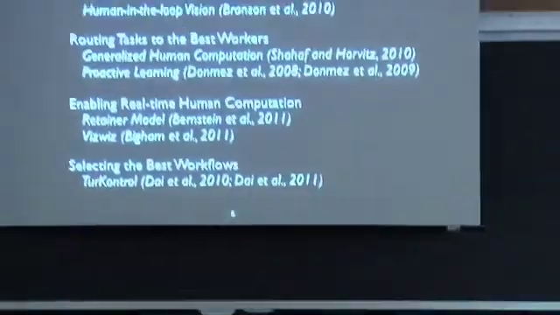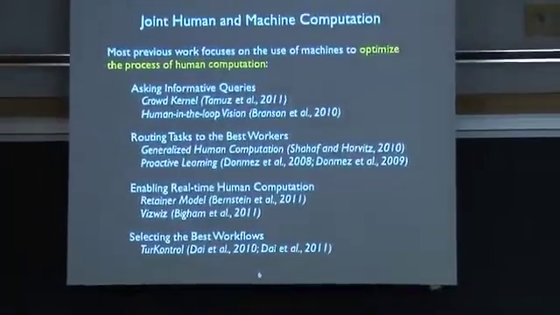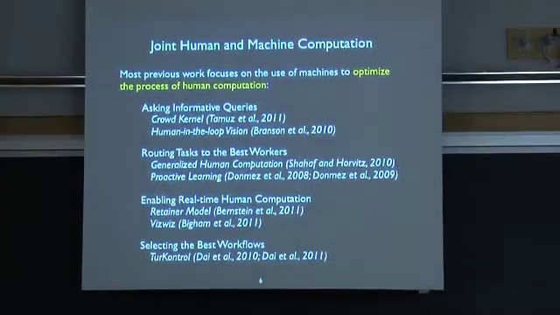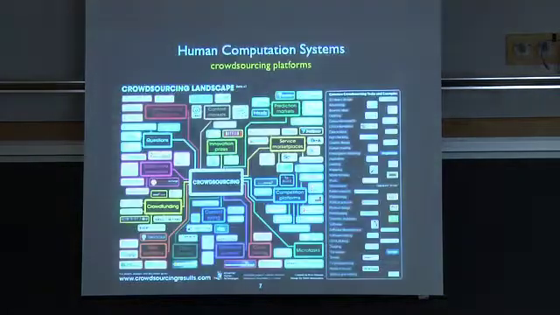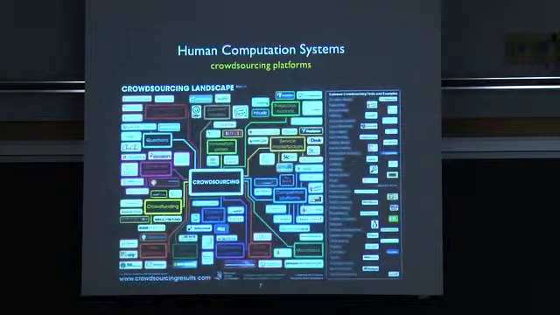And there's also been some work on selecting the best workflow. What I mean is maybe you have multiple tasks and they're all slightly different, so how do you actually sequence them in such a way to give you the best outcome? And most of this work is actually done on, I would say, micro-task paid crowdsourcing platforms like Mechanical Turk.